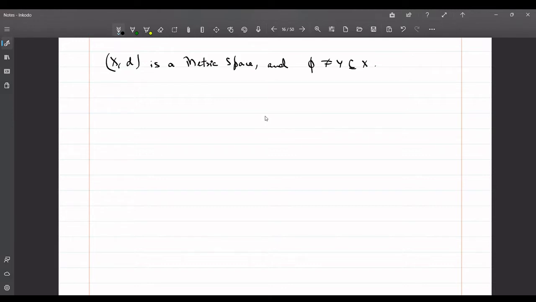Now see this d. This d is a function from X cross X to R. If you restrict this metric to the domain Y cross Y, then you get a new metric, which we denote as d_Y. Then Y with respect to d_Y forms a metric space.